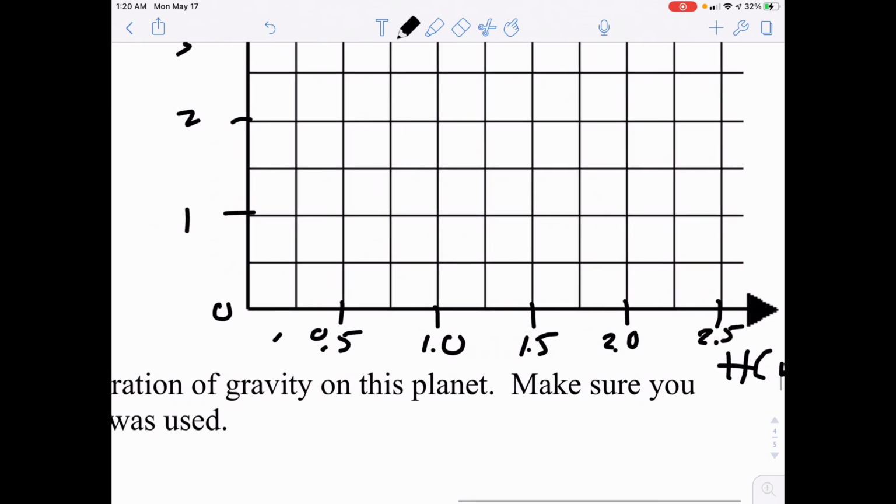And so these would obviously be 0.25, 0.75, 1.25, 1.75, and so on.